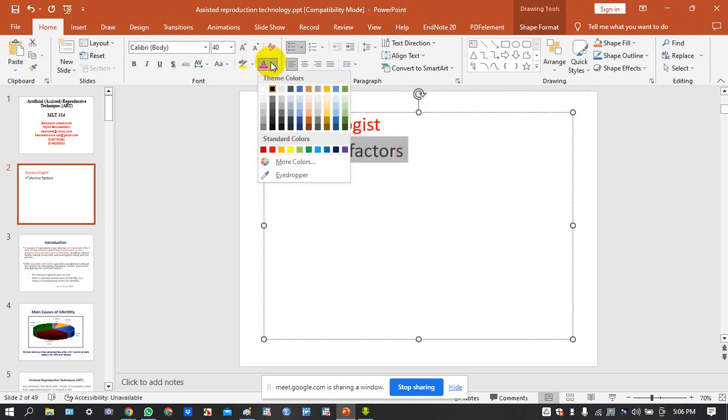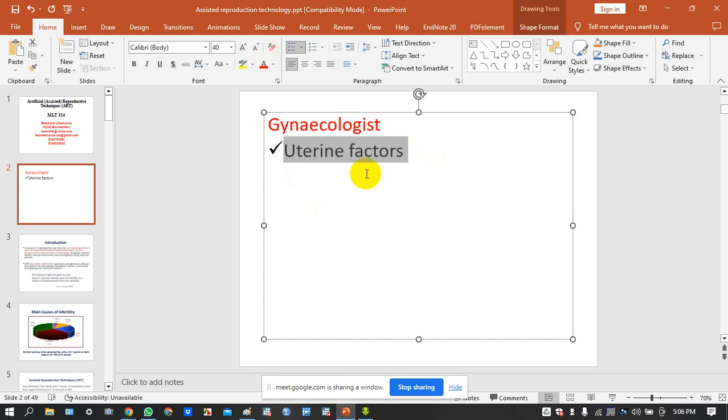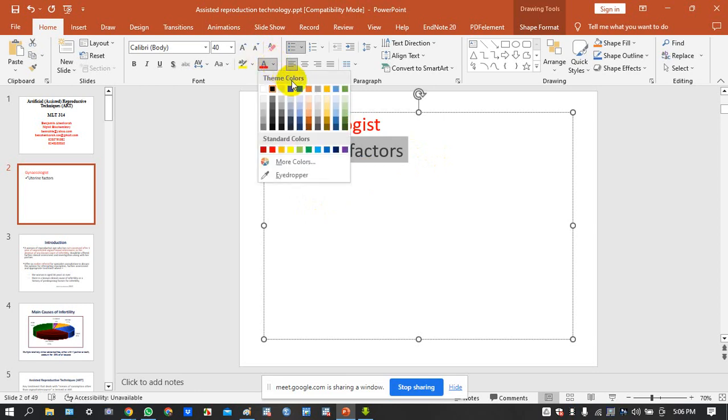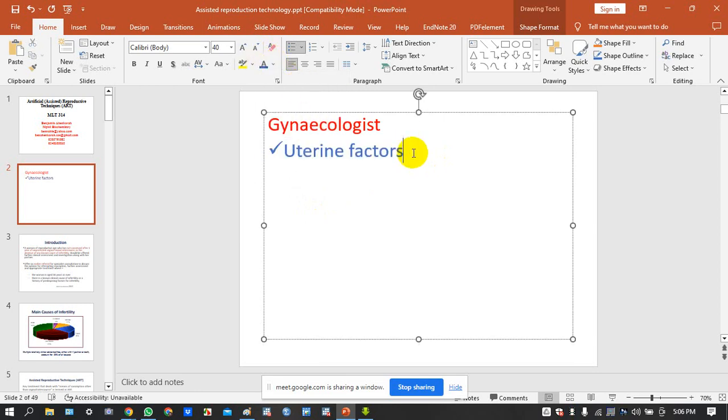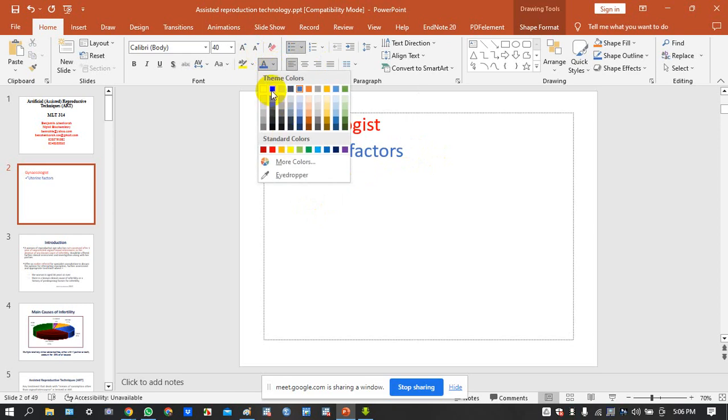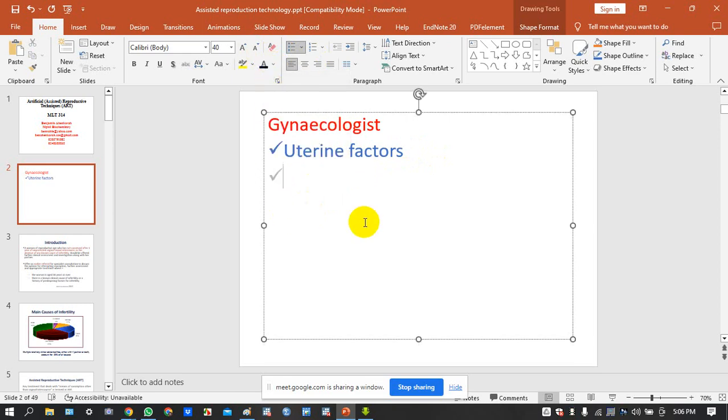For uterine factors, we can have endometrial polyps.